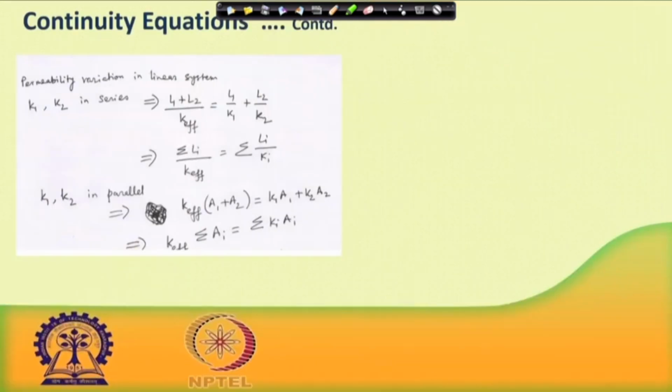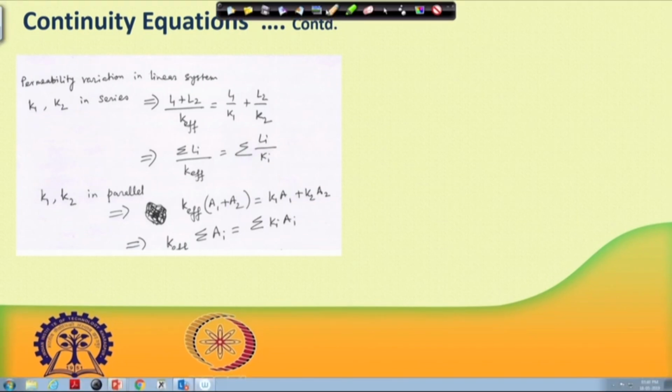So, what we were discussing in the last class was that if you have two permeabilities that are in series or two permeabilities that are in parallel, how do you theorize them? How do you put them together?